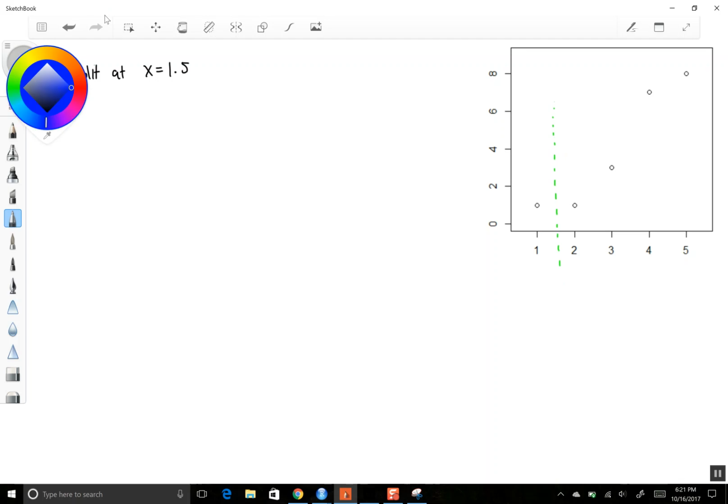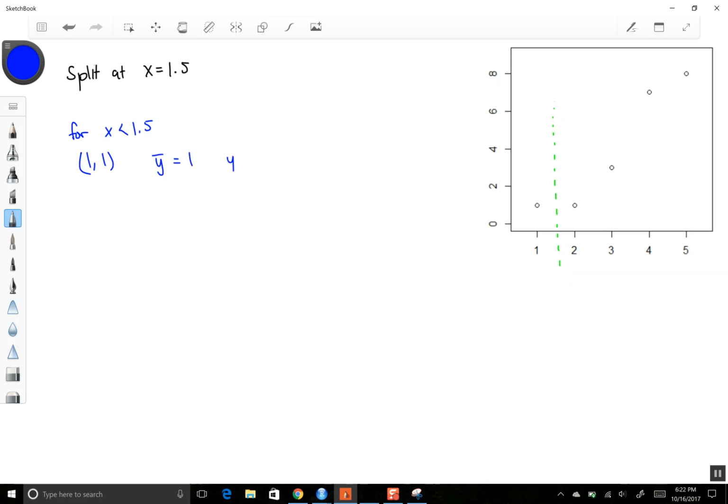Then for x less than 1.5, we have the point 1 and 1. So our y bar is just 1, and y hat is also going to be 1. We just predict that if your value is less than 1.5, we're going to predict this right here.